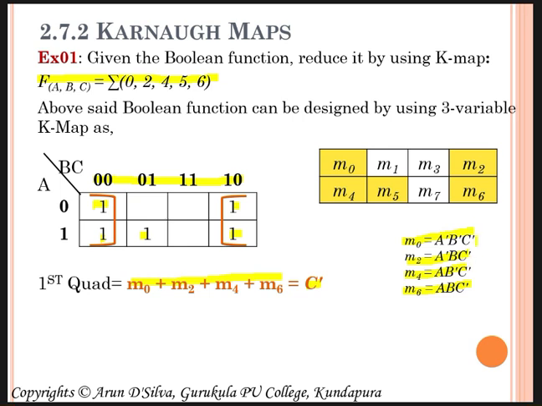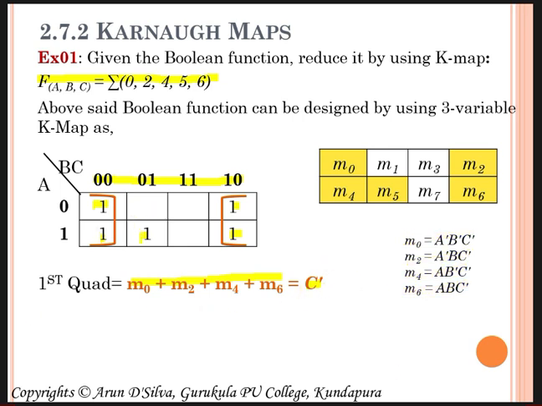In these min terms, A dash changes: in the first two min terms A dash is there, in the others A is there. Similarly for B, the first min term has B dash, the second B, the third B dash, the fourth B. So B also changes. But C is C dash, C dash, C dash, C dash in all four min terms. So we take only C dash.